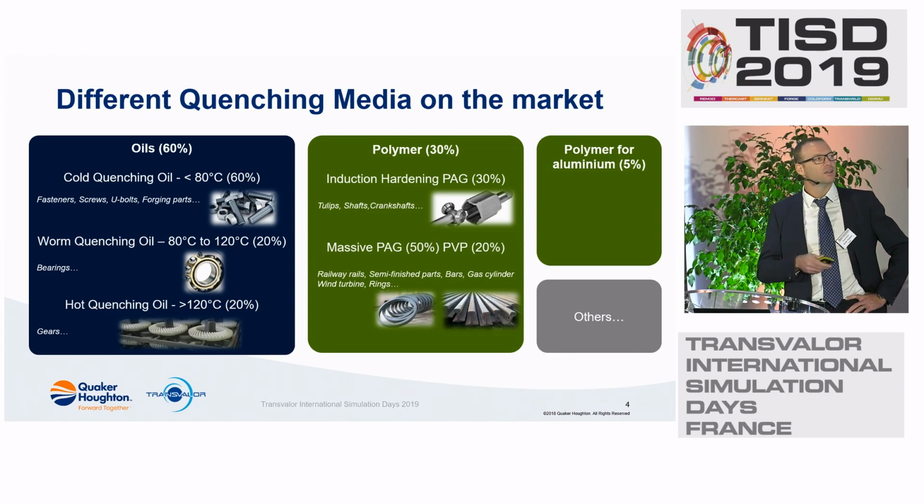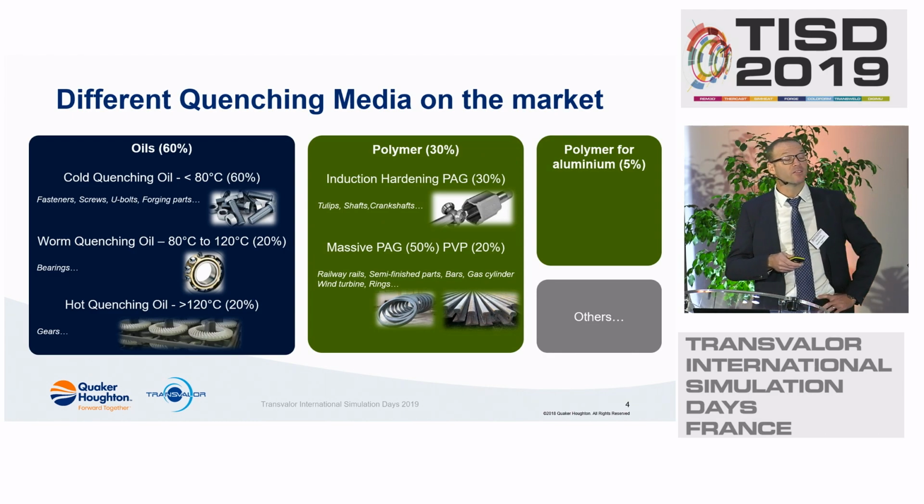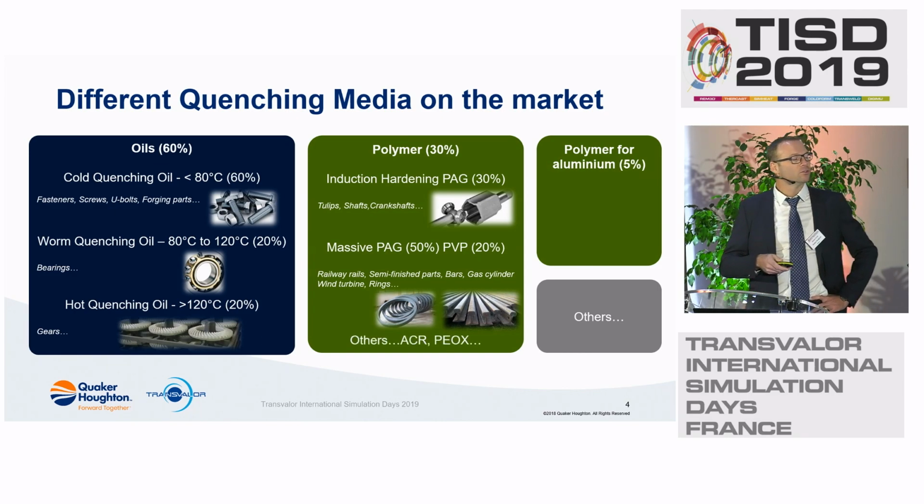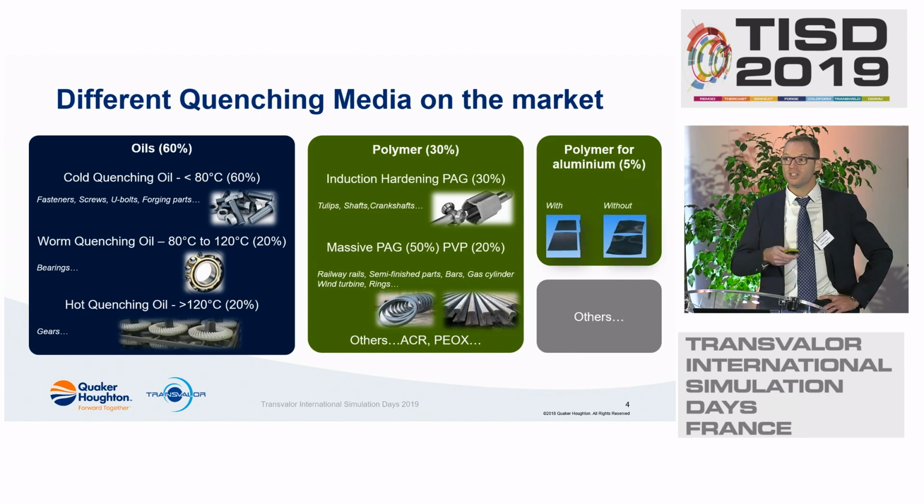And then we have a last category, which is polymer for aluminum. There's more and more aluminum quenched. We know that very often it's quenched with water, but we have some specific products which help to reduce distortion.